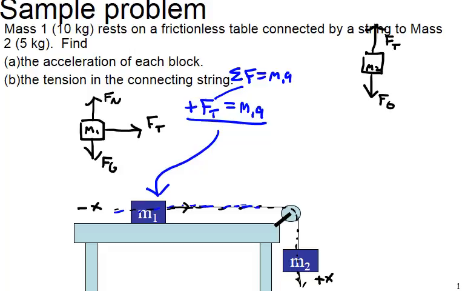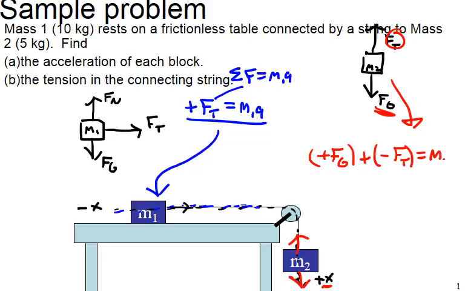Here, normal force and force of gravity are balanced out. For this one, force of gravity is pointed downwards, so it's positive. So we have the positive force of gravity plus force of tension's upward here, and so negative force of tension equals m2a. And again, I should write out the sum of the forces equals m2a.